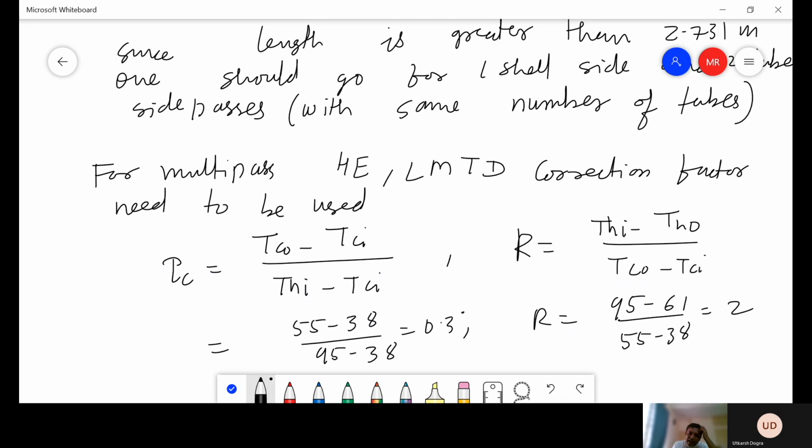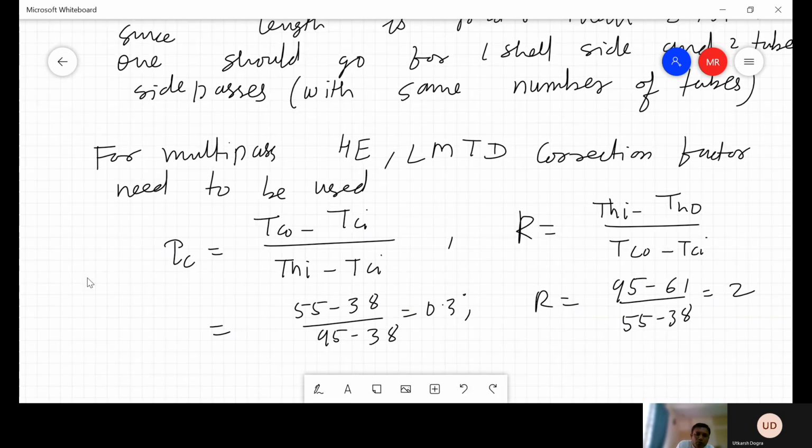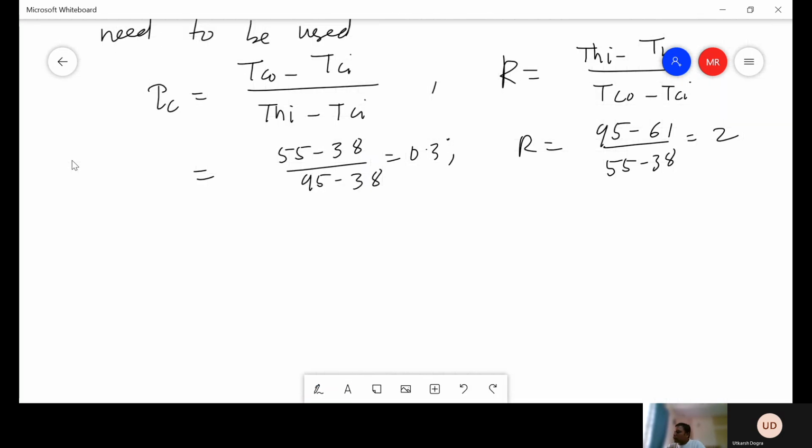Once we know τC and R, then we can look at the tables in the book. There are different tables in the book. If you go back to the chapter on heat exchangers, different tables are given, and one can use these tables. Let me look at the page number exactly.